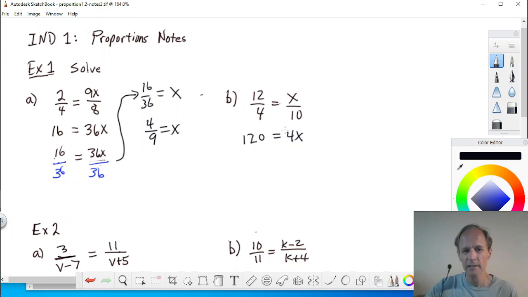Then it's just a linear equation problem. We divide both sides by 4. And 120 divided by 4 is 30. 4's cancel over here. We have x, and that's it.